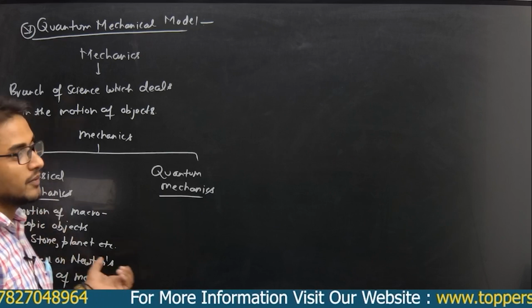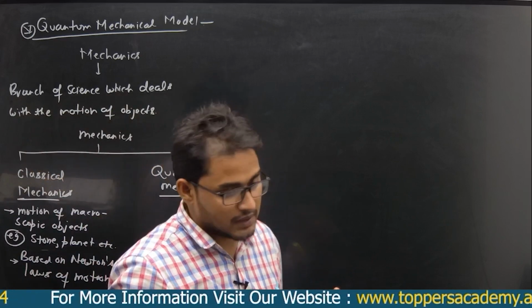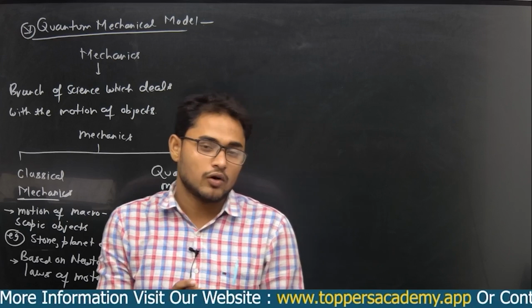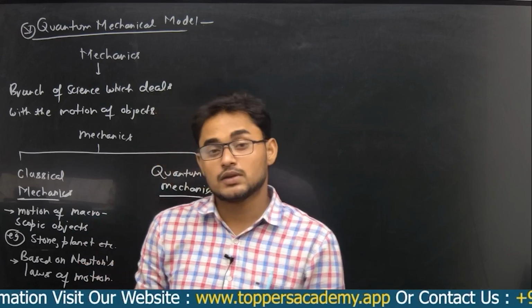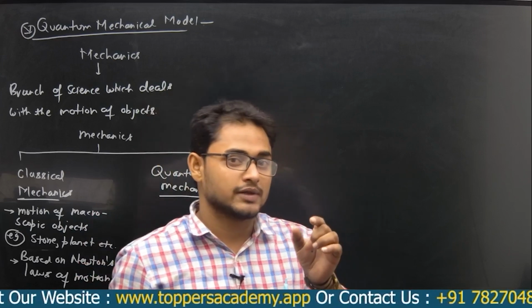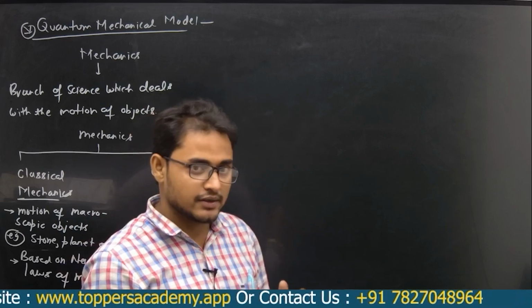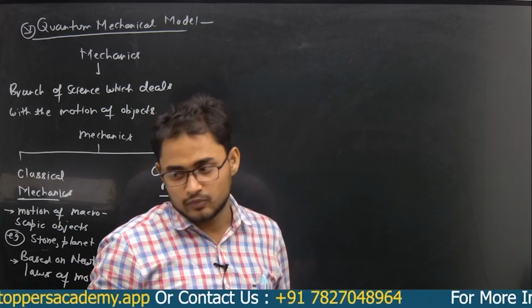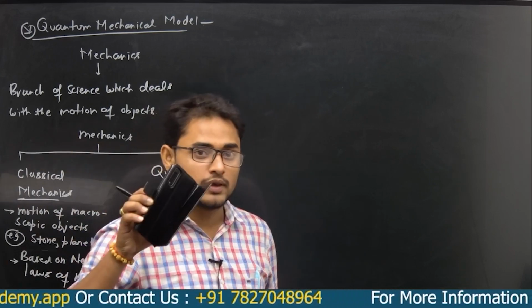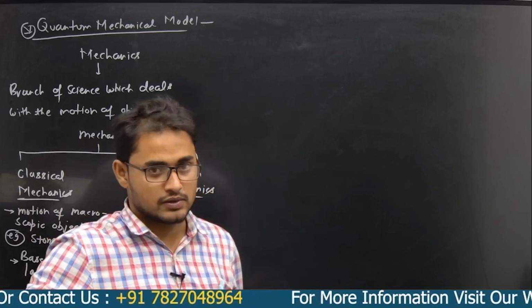This is classical mechanics, which is based on Newton's laws of motion, and it deals with the motion of macroscopic objects. Macroscopic objects have higher mass, like a stone, a ball, a mobile phone, right? So anything which has high mass.